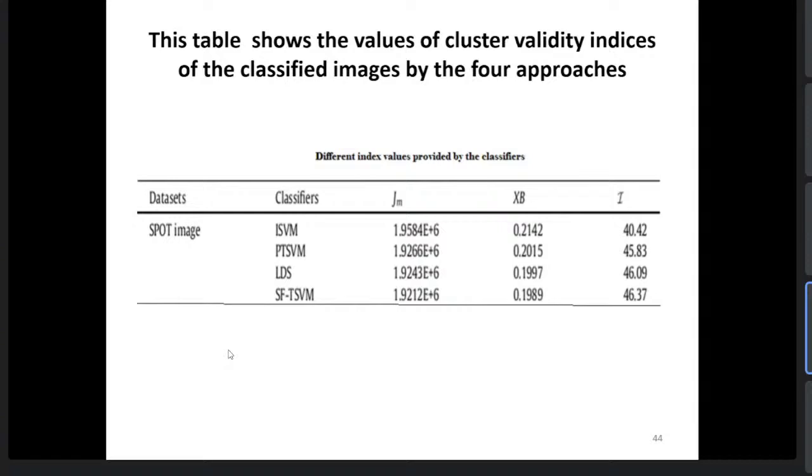Okay. So in a nutshell, if the value of JM and XB is less, then the method is good. If the value of I is more, then a higher value of I implies a better result. Okay.